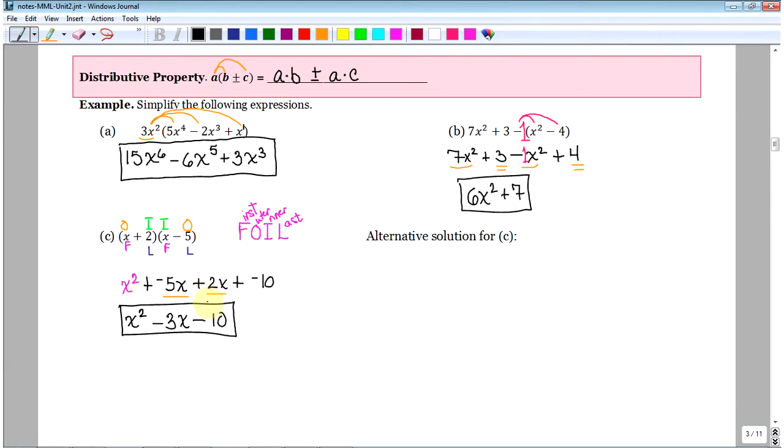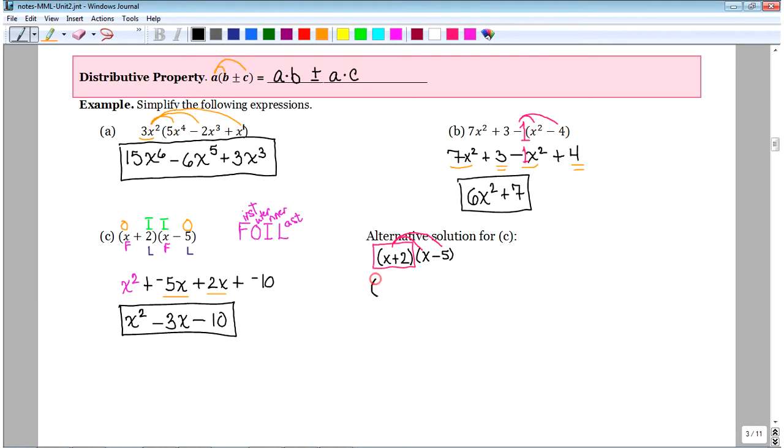If you did not want to use the FOIL method and you would rather just apply the distributive property to it directly, this is how you could have solved that same problem. So we have x plus 2 times x minus 5. So you can think of the first set of parentheses as one quantity that you have to multiply by everything inside of your second set of parentheses.